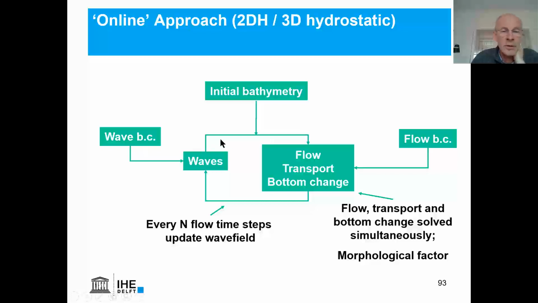So at some point we came to the so-called online approach, where we have a much more tight coupling between flow, transport, and bottom change. These used to be in different modules, but nowadays in Delft3D, for instance, also in XBeach, they're all in the same program actually. So every time step you go through flow, transport, and bottom change.